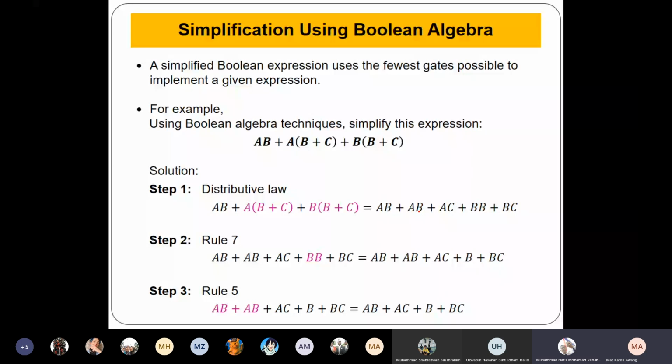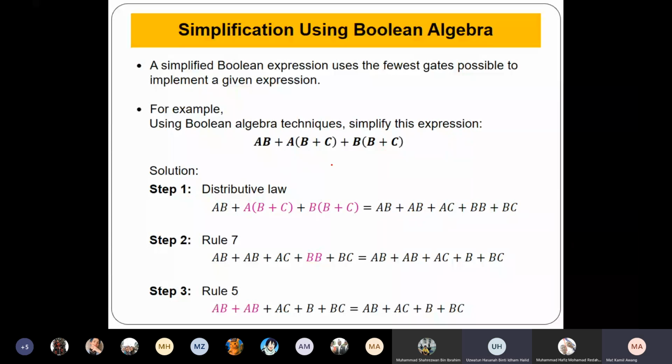For example, using Boolean algebra, we can simplify this expression: A + AB + C + B + BC, written as A or B plus A or A and B or C plus B and B or C.